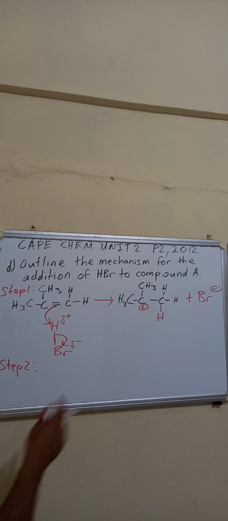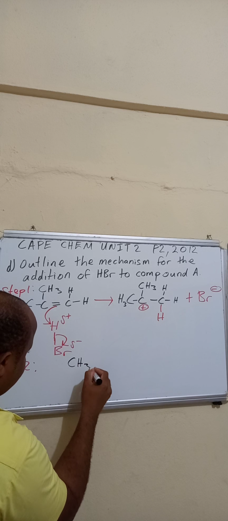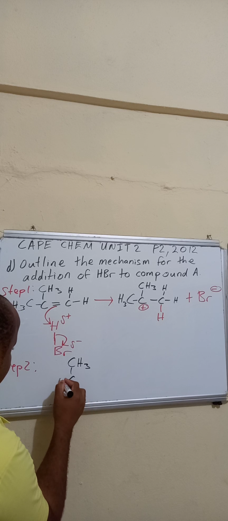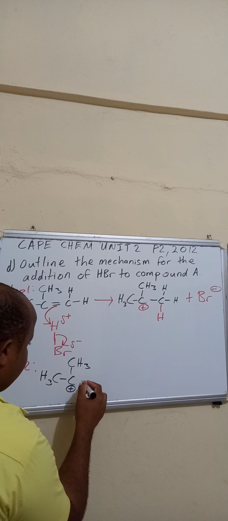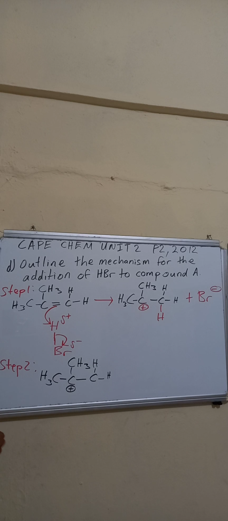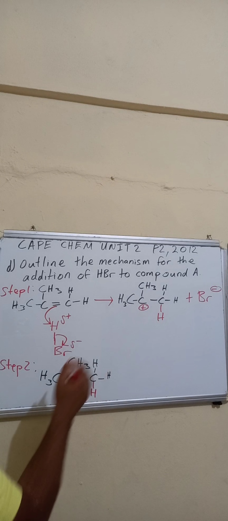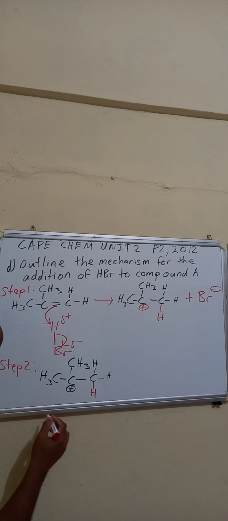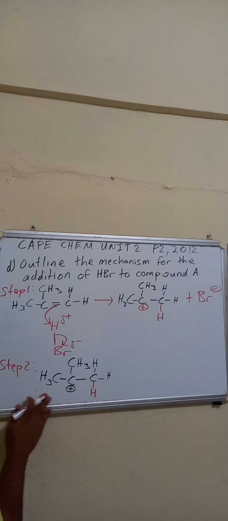Alright, so let's draw back now the carbocation. And then we will have a nucleophilic attack on the carbocation by the bromide ion.